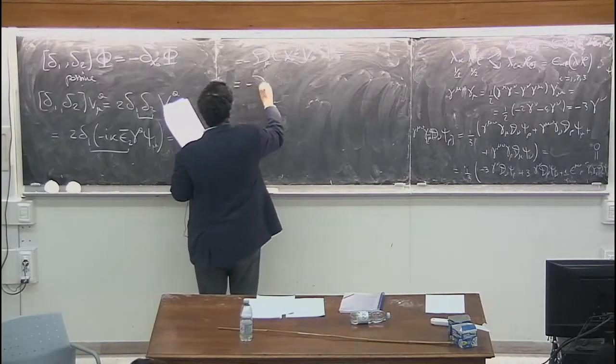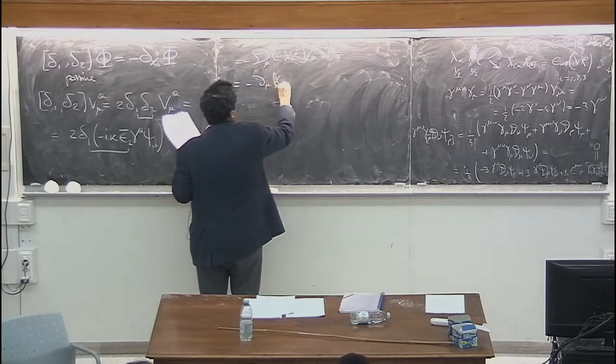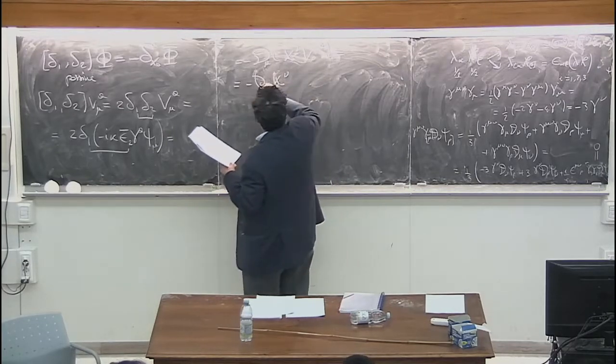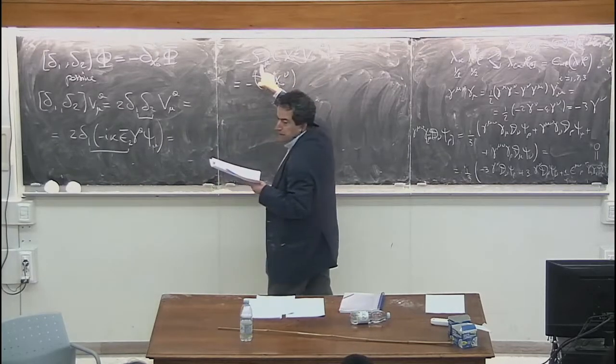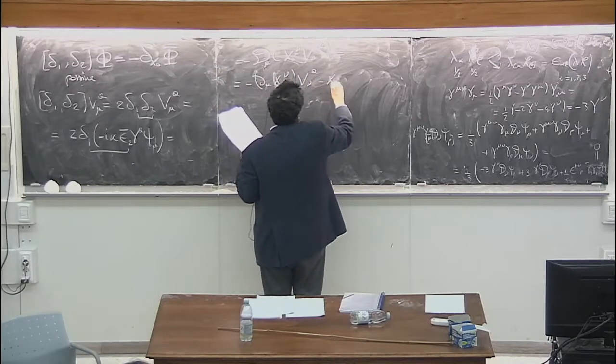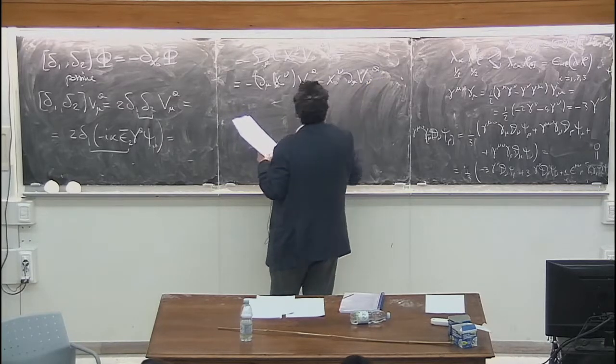This is the derivative part here: minus d mu x naught nu V nu a minus x naught nu d mu V nu a.